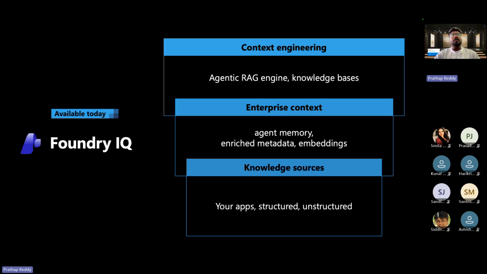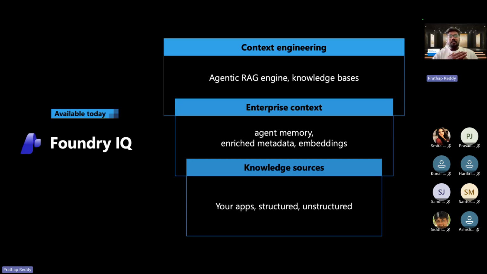Foundry IQ is mainly context engineering: whatever information we have, we have to be specific to that, mainly depending on the agentic RAG engine and knowledge bases as well. Agentic RAG depends upon the different knowledge bases, which I would like to show you in the next slide. Coming back to the enterprise context, we have agent memory, enriched metadata, and embeddings.